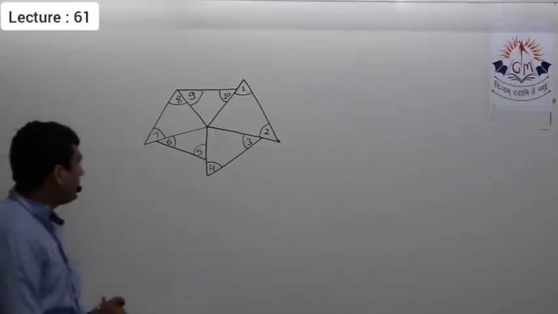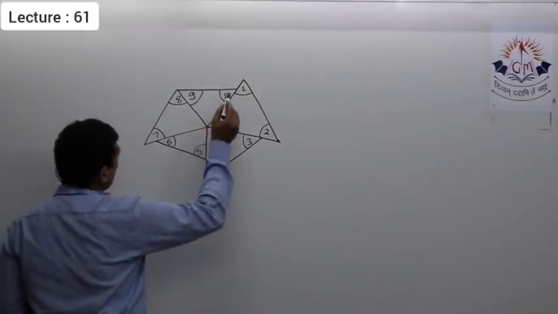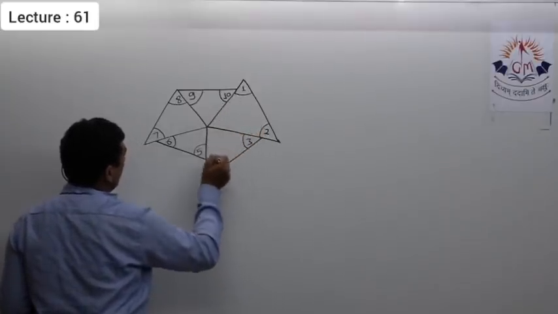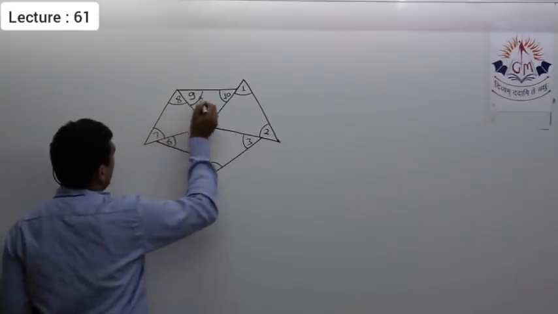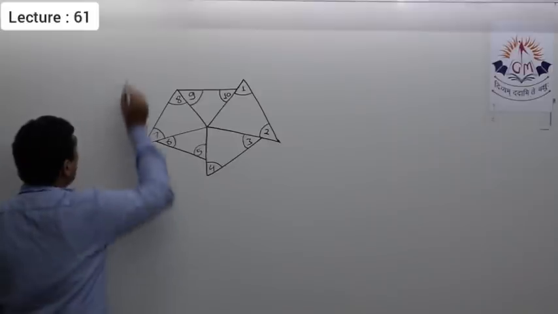So here is the next question. Now in this question, what you have to do, you have to find the sum of angle 1, 2, 3, 4, 5, 6, 7, 8, 9 and 10. So question goes like this.